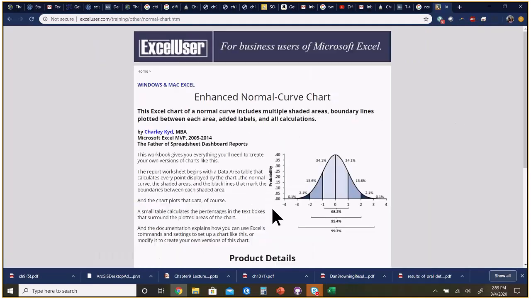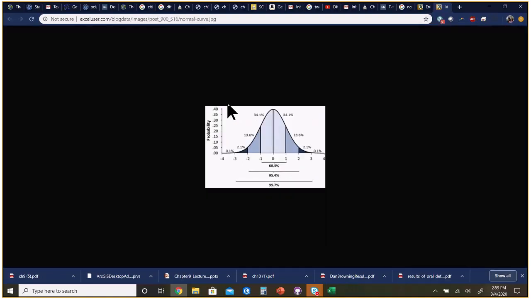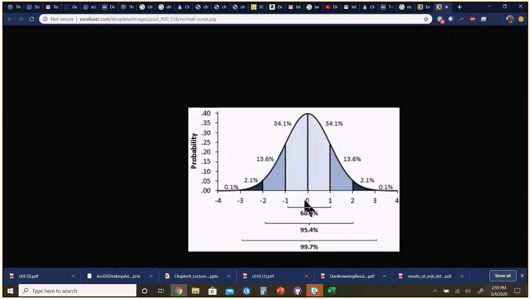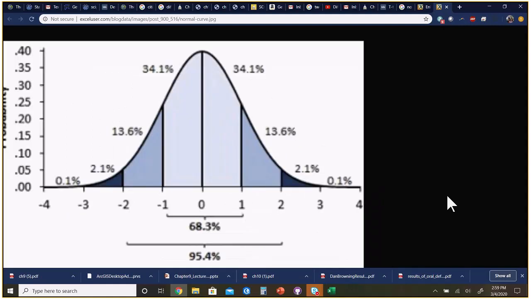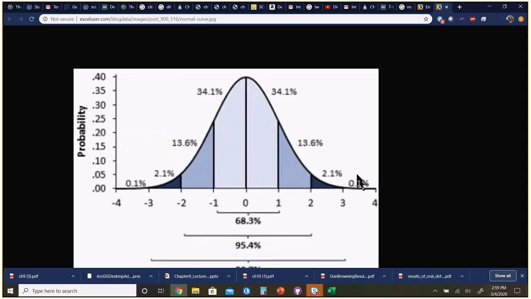Okay, so the p-value is the area under this curve. So when it's 0.31, we're somewhere over here, because the area under half of it is 50.